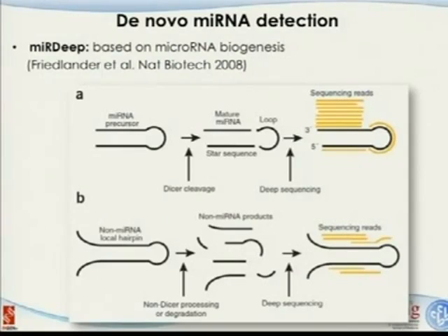And if this is not a Dicer-specific cleavage, which is unlikely to be a microRNA precursor, then your cutting will become random. And once you map reads back to this region, it will show somehow different patterns. So we are looking for this type of pattern, which will give us more confidence that it's a Dicer-specific processing region, and give you more confidence that this is a novel microRNA that otherwise you would miss.